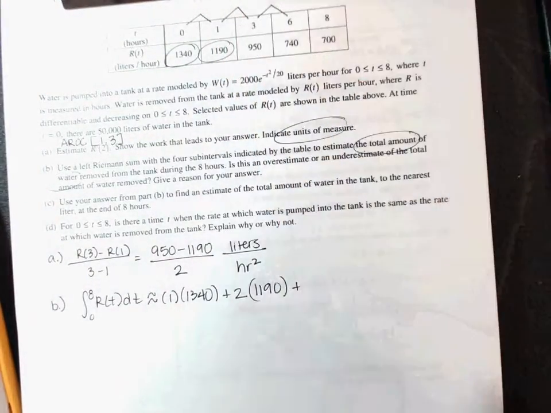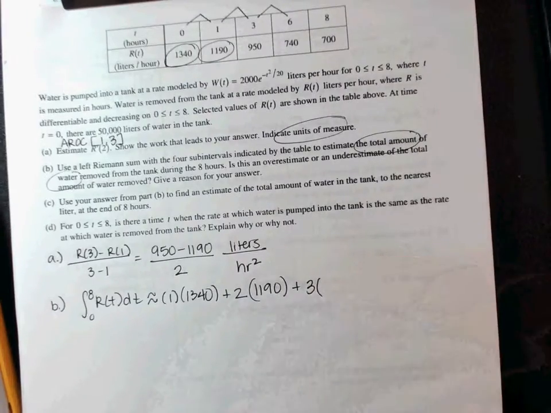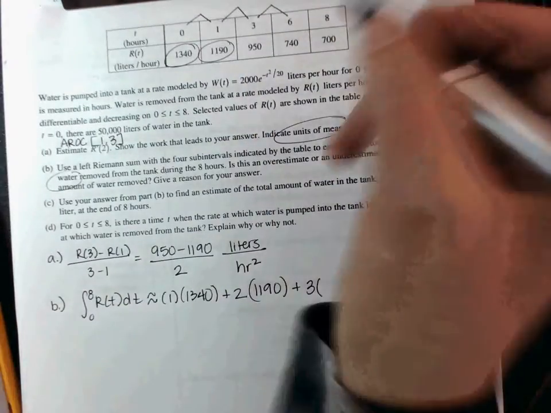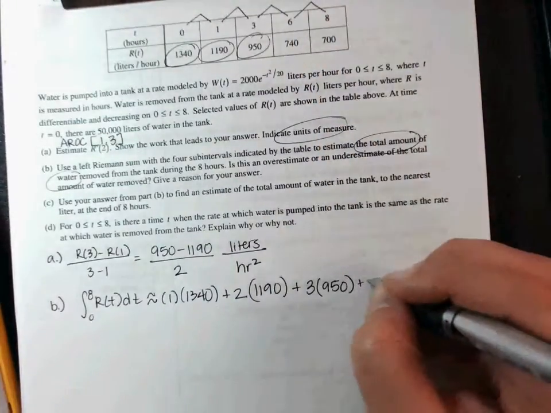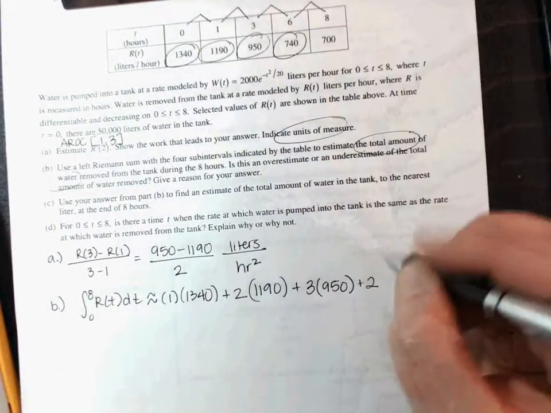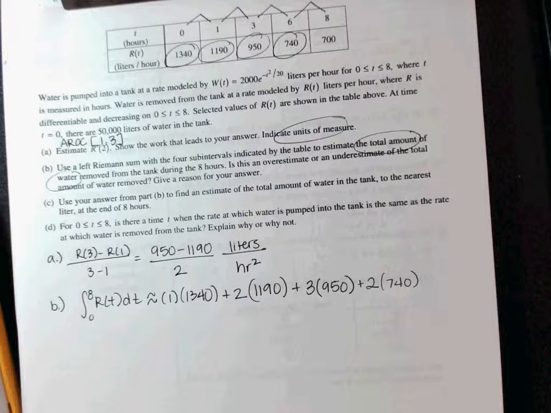From 3 to 6, what's my delta x? 3, what's my left y value? 950, right? And then from 6 to 8, my width is 2, and my left y value is 740. Just depends. Do you remember how you tell the difference? If your delta x is the same, you can GCF it to the front. If not, you have to do each one.